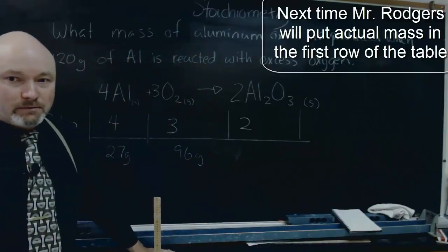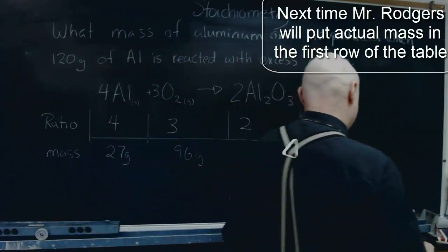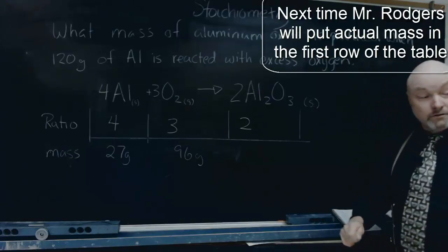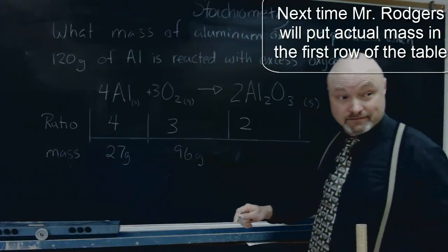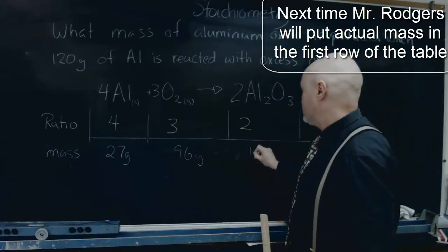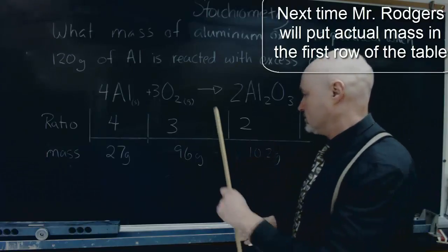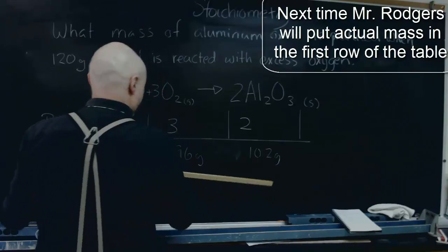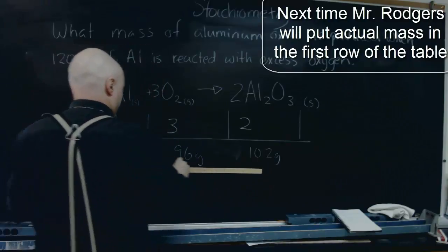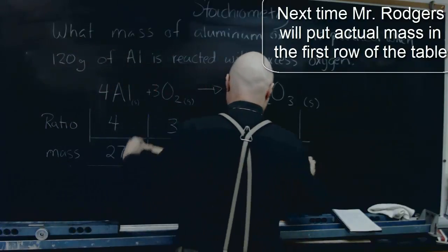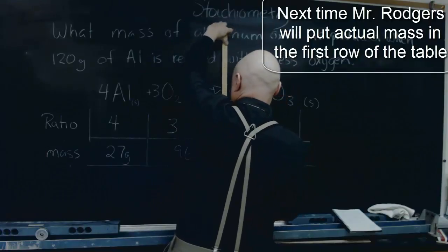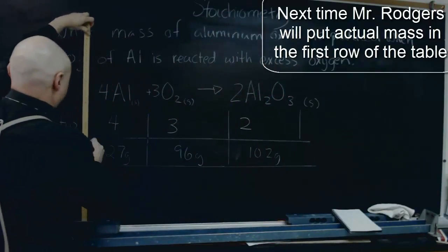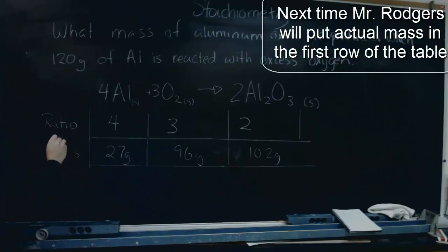And the molar mass of aluminum oxide is 102 grams. Am I right? Okay. So there's my molar mass row.